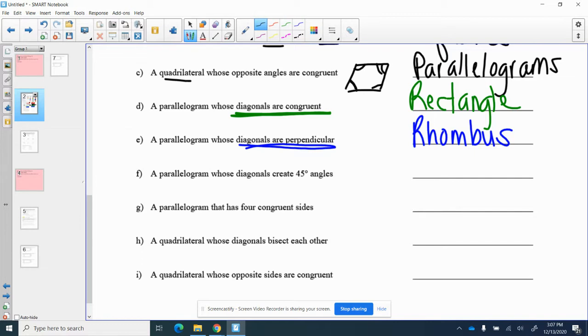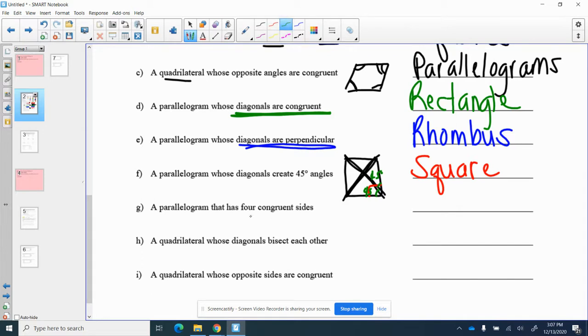Now, a parallelogram whose diagonals create 45-degree angles is going to be specific to a square, and the reason being, it is going to not only have to be a right angle here, but it's also going to have to bisect and to be 45 each, right? These baby angles. So that's going to specifically be for a square because it's doing both two things, one property of a rectangle, one property of a rhombus, okay?